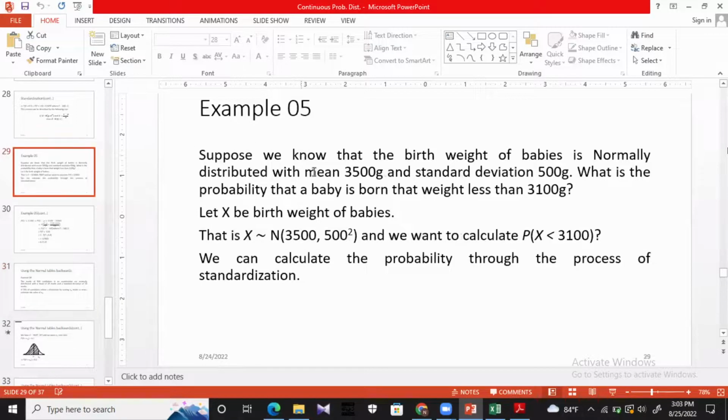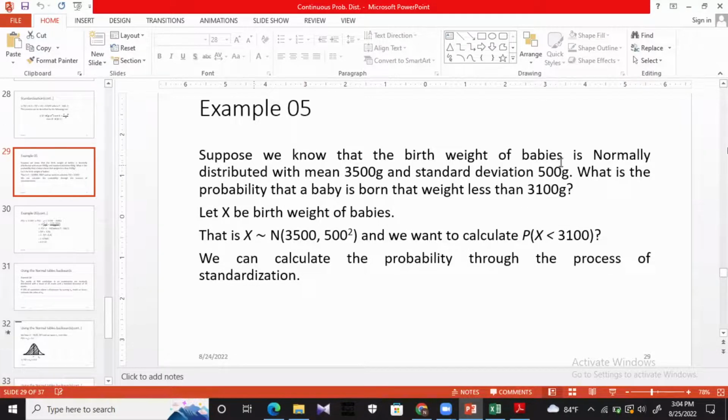Okay, example number 1. Suppose we know that the birth weight of babies is normally distributed with mean 3,500 grams and standard deviation 500 grams. What is the probability that a baby is born weighing less than 3,100 grams?